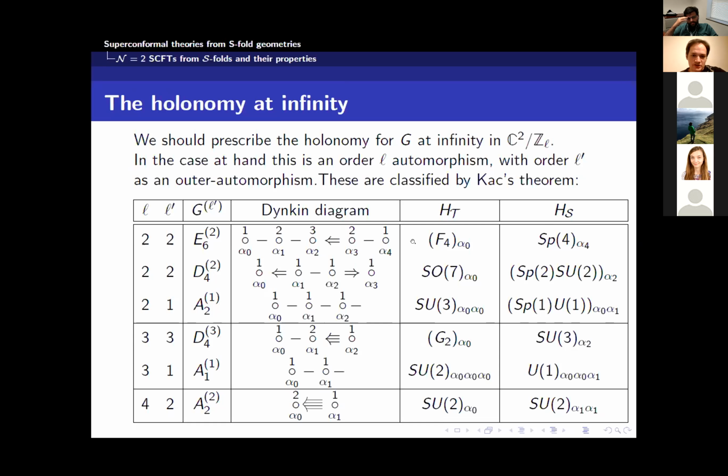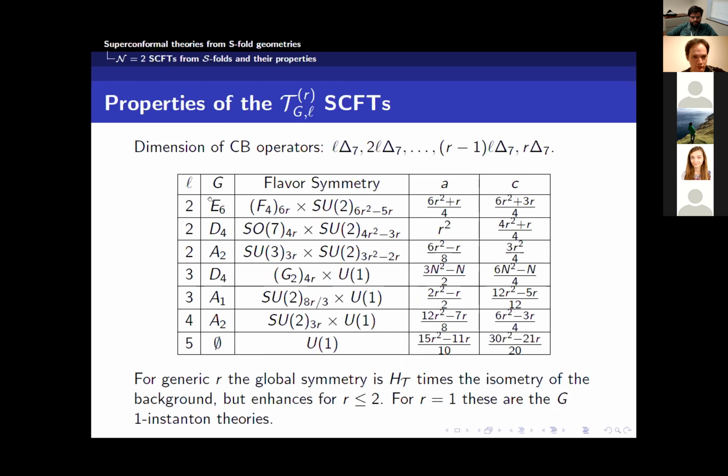Okay, from the geometric description, we can derive immediately several non-trivial properties of these theories. I would just like to show maybe what we can compute. So we have the global symmetry with the flavor central charges, and also the a and c central charges are computable.